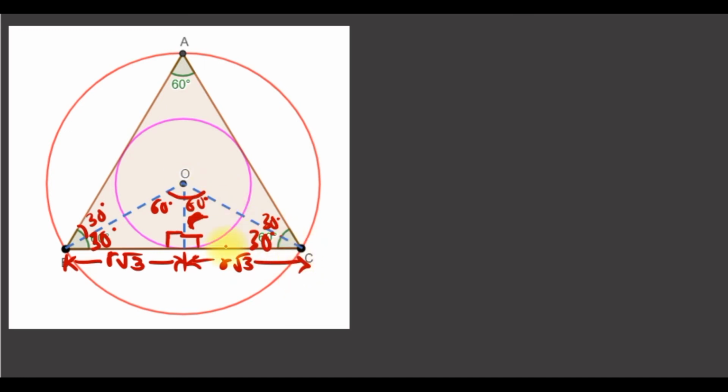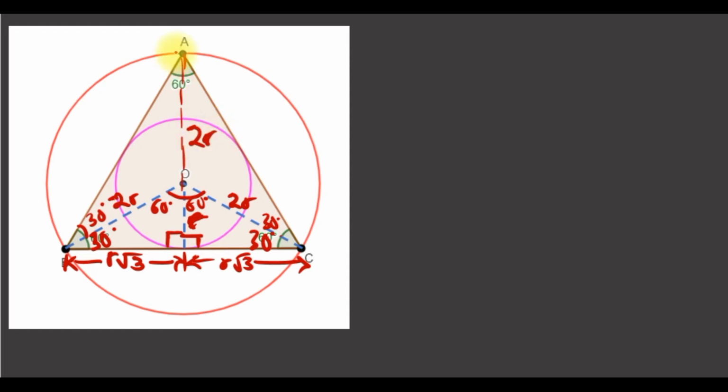While the one opposite 90 is just the double of the one opposite 30. So OC is 2R and OB is also 2R. And that 2R happens to be our circumradius. That's the radius of this big circle. This is also 2R.